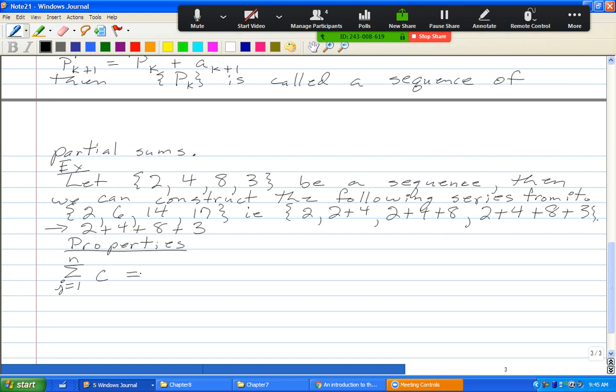Then the sum of n constants is just C times n. Well, let's show this. Let's use mathematical induction. Let me show the initial case.